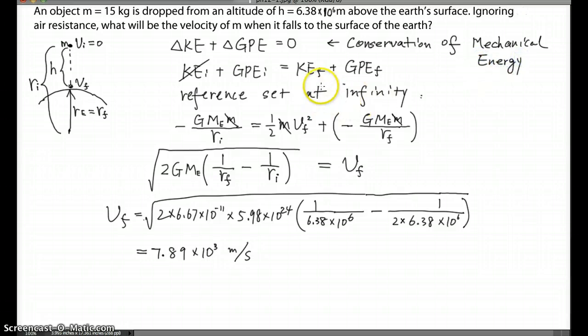And be careful when you calculate the gravitational potential energy, because the position is far away from the Earth. You can't use mgh. You have to use this formula, where you set the reference at infinity, which makes the formula like this. Otherwise, as we discussed in class, the formula won't be like this. So with the reference set at infinity, then we can use this formula.